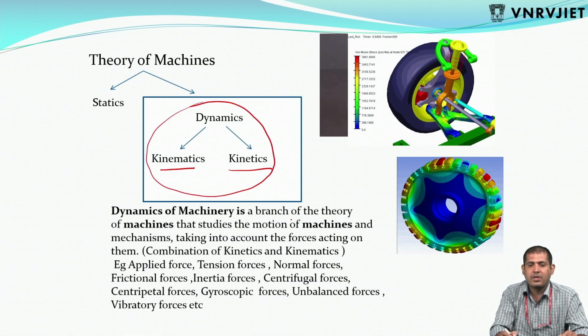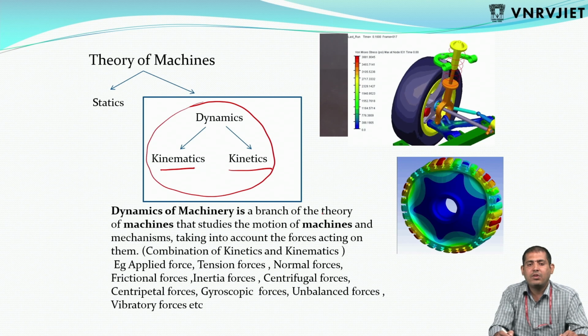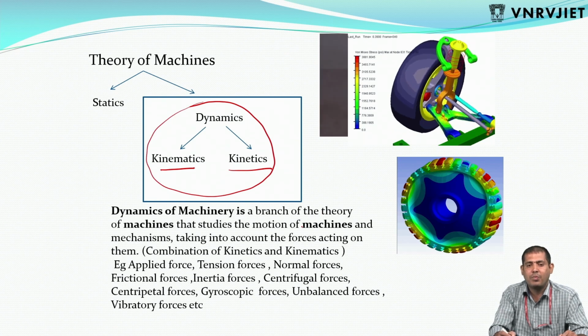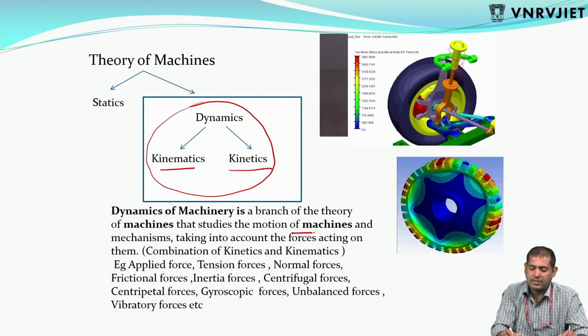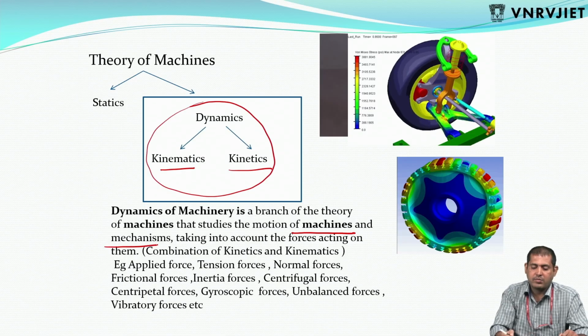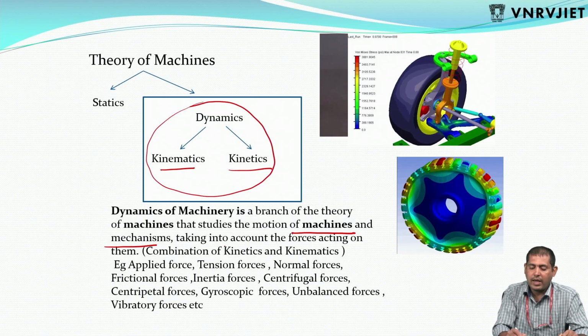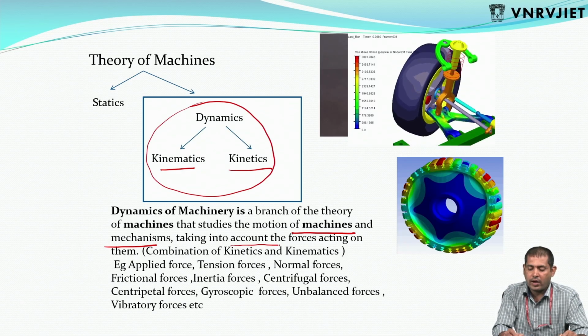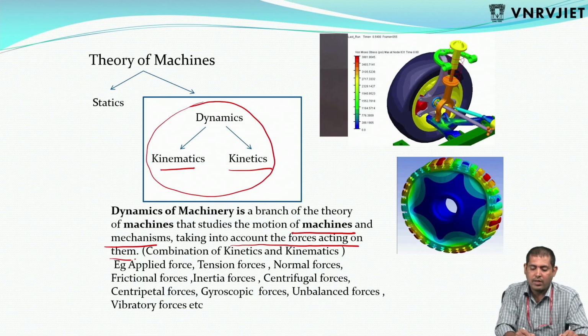So dynamics of machinery is a branch of the theory of machines that studies the motion of machines and mechanisms, and next takes into account the forces acting on them.